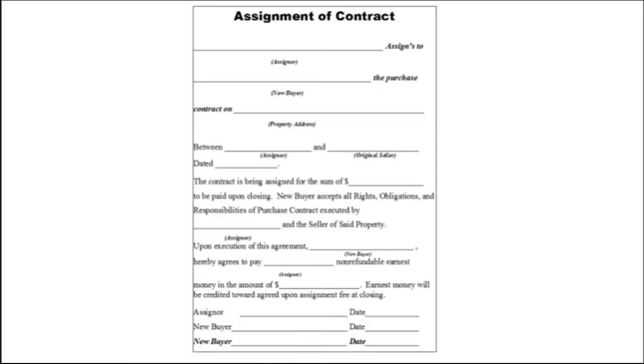Now, the actual contract, the assignment contract itself, is a very simple, very basic, one-page document. And what you do is the assignor. So if you, for example, have found a single-family house worth $350,000 after repair value, and it doesn't need very much work at all, just a little bit of lipstick and whatnot, but you've picked it up for $275,000, you could assign that house to another individual for a $10,000 or $15,000 assignment fee, and it's still going to be a fantastic deal to the other person.